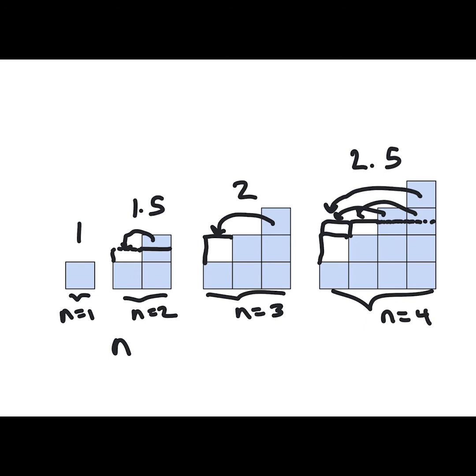So the way that I think about it is that I take one bigger than the figure number, so the next figure number, and I half it. So 1 is half of 2, this is half of 3, this is half of 4 for the next one, this is half of 5, 2.5 is half of 5. So it's n is the base, and the height is half of the next figure number. And that's another way to find the total number of blue tiles.